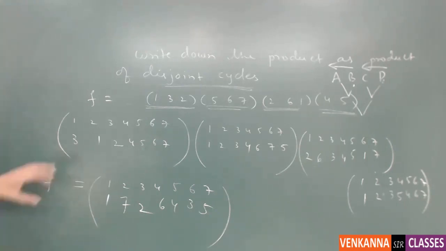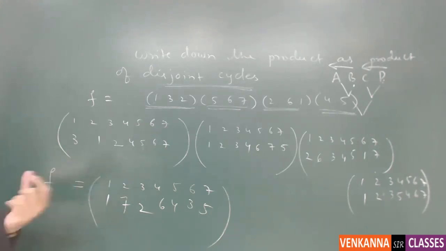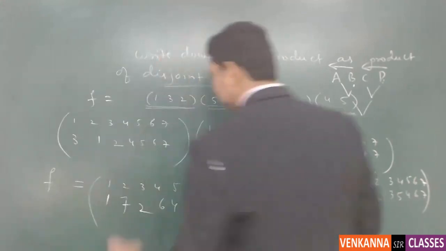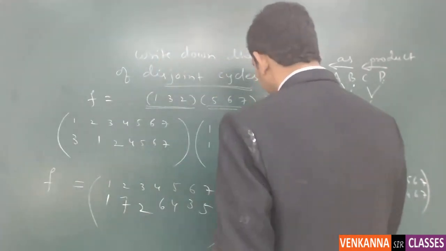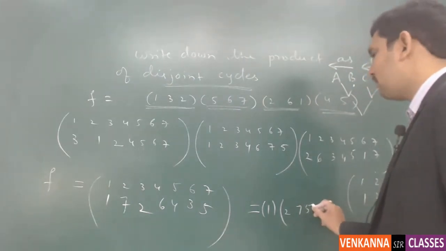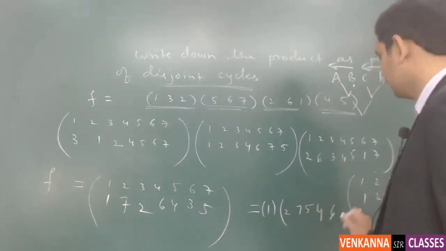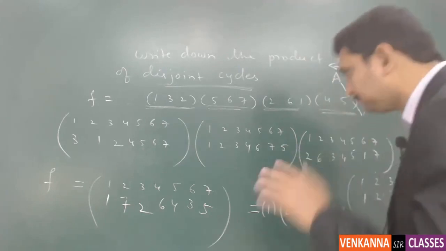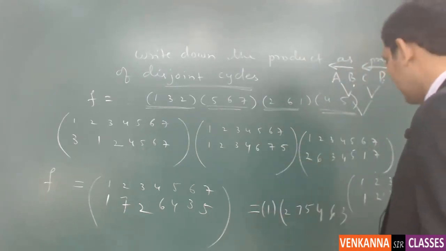Now, you actually calculated what the F value is here. So from this, you need to write it as a product of cycles. So if you consider that for 1 it is 1, for 2 it is 7, 7 it is 5, 5 it is 4, 4 it is 6, 6 it is 3 and 3 it is 2.